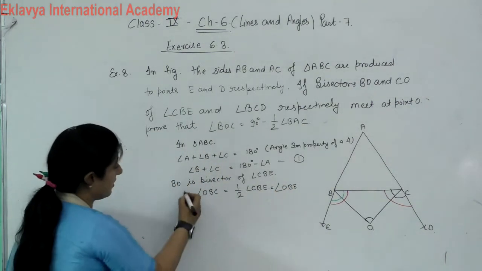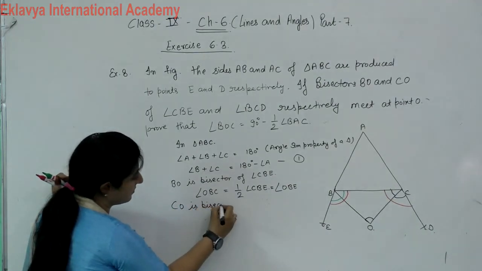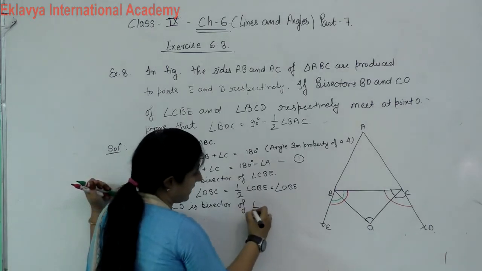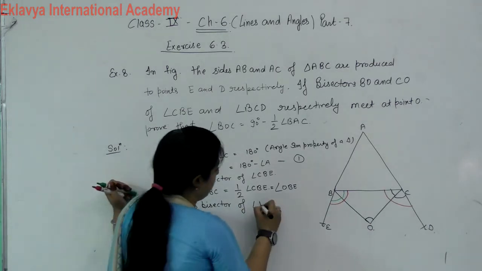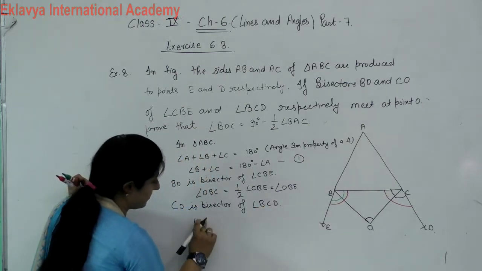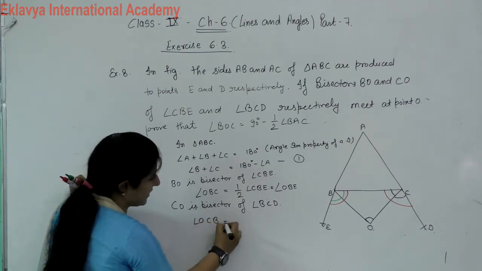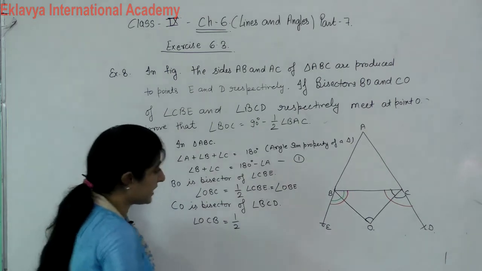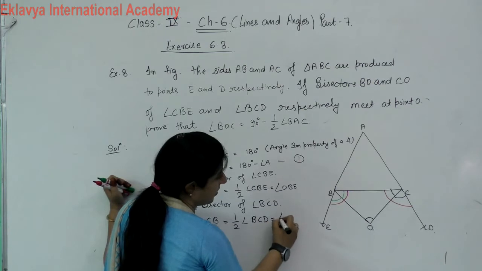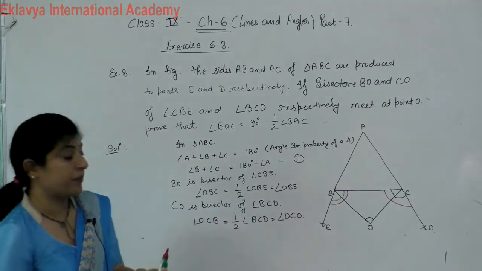Next, CO is the bisector of angle BCD. It means we can write angle OCB is equal to half of angle BCD, or we can also write DCO.